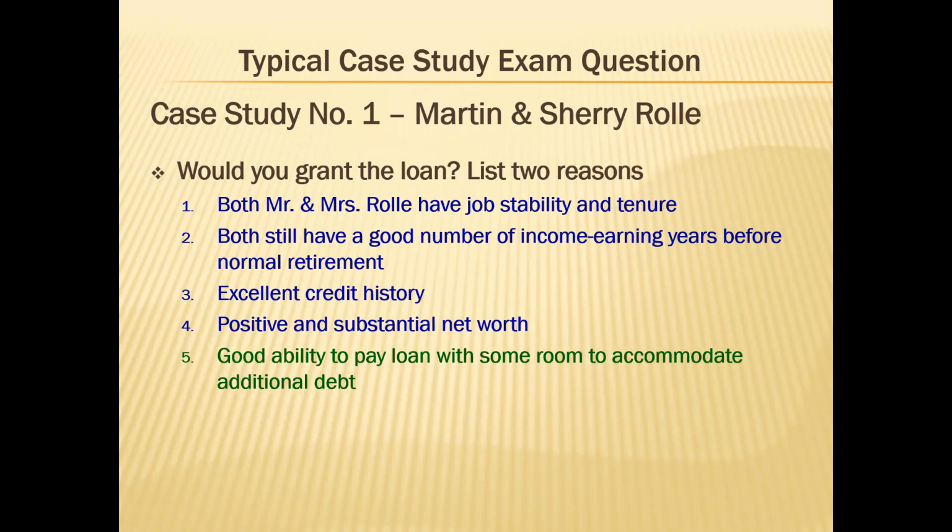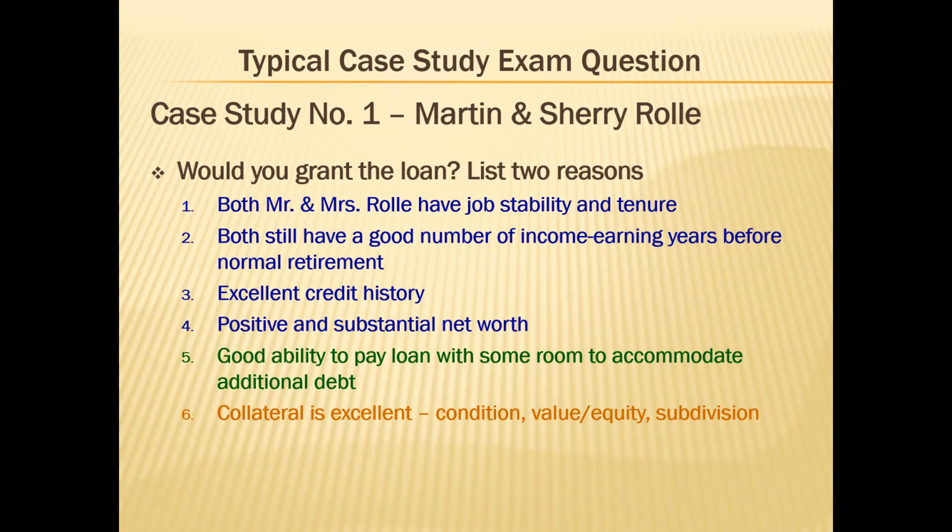They have good ability to pay the loan with some room to accommodate additional debt, although not much. The collateral is excellent. The condition of the collateral is good because they've been maintaining it. The value and equity, we stated that is healthy. It's a good value. They have a lot of equity in it.